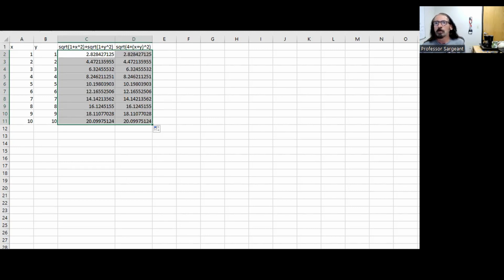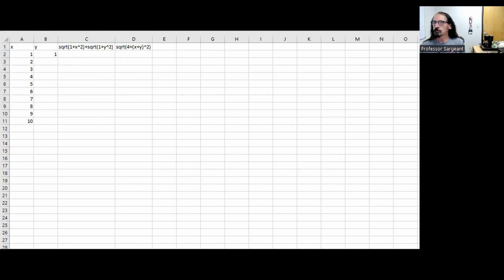What happened? Well, notice that I put in the same values for x and y. So let's clear that out and be a little more careful. How about we put in things like y growing by 1/10 instead of growing by 1? So 0, 0.1, 0.2, 0.3, and so on.